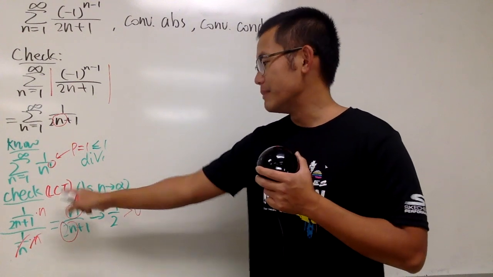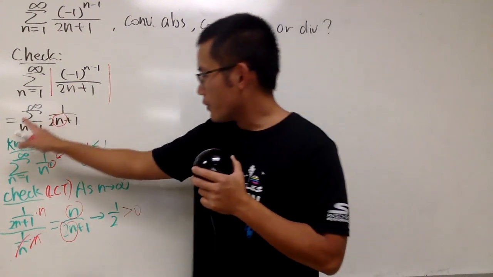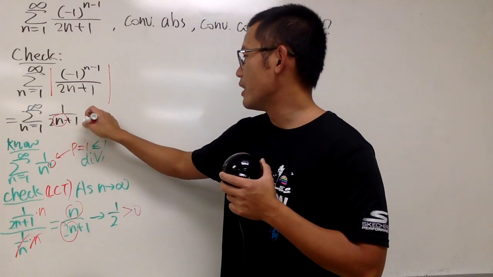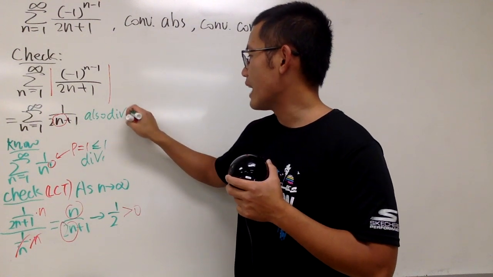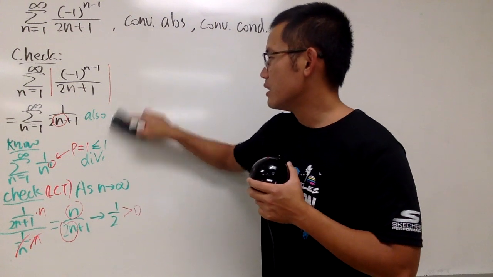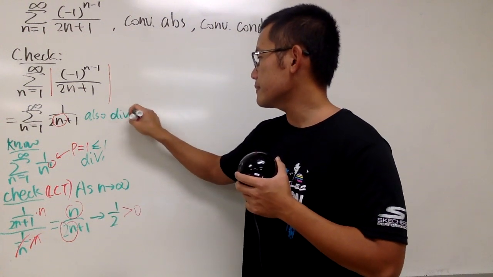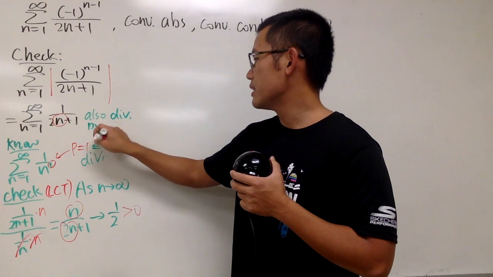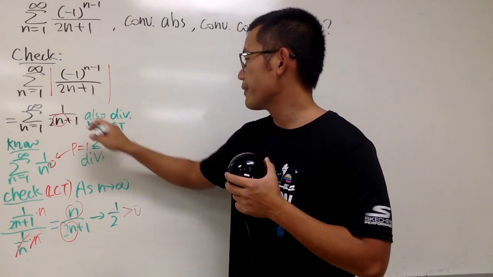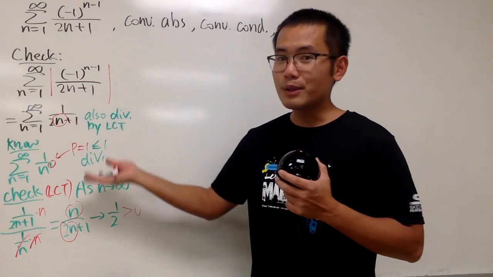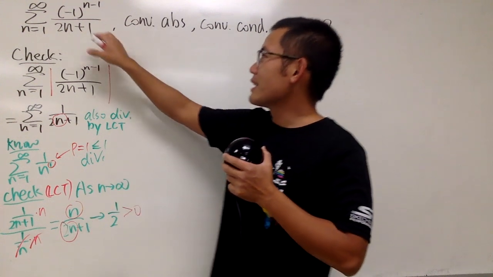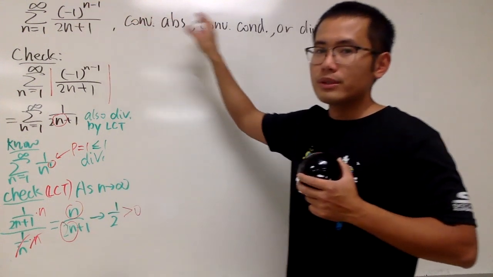Because we did a limit comparison test. So for this one, unfortunately, this right here also diverges by the limit comparison test, right? But this is not the original question. The original question is that, does this converge absolutely or not?